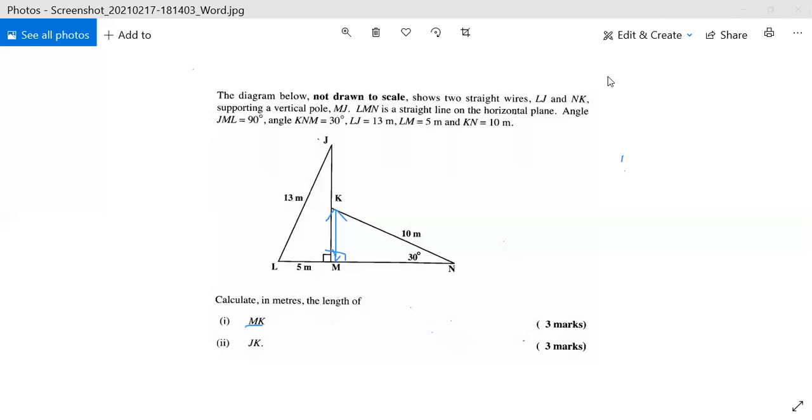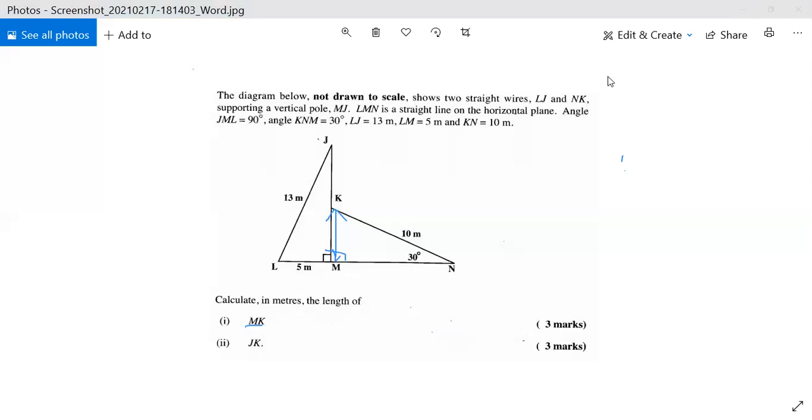So MK here, I've marked it in blue. That's the side that we're going to find first. This is a right angle triangle, and so we can use the trig ratios to find what MK is, because we have the hypotenuse here, which is the longest side and the one facing the 90-degree angle.